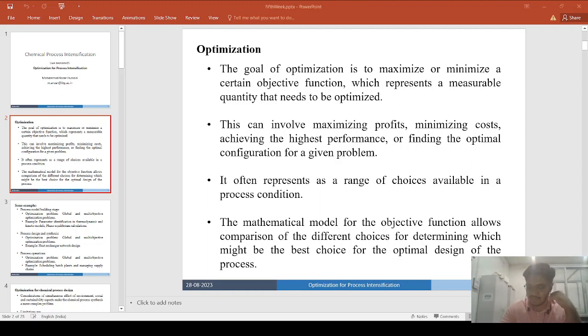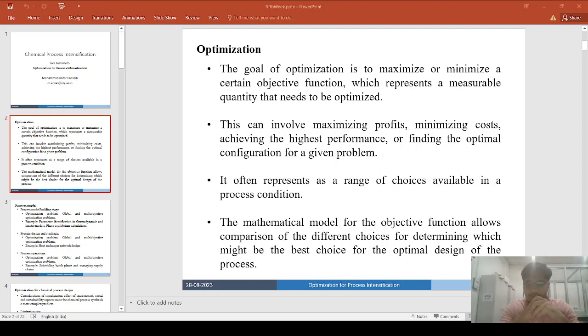Your objective function could be profits, capital costs, or performance. You might be interested in maximizing profit, minimizing capital cost, or maximizing the performance of a given process, for finding the optimal configuration of your given problem.